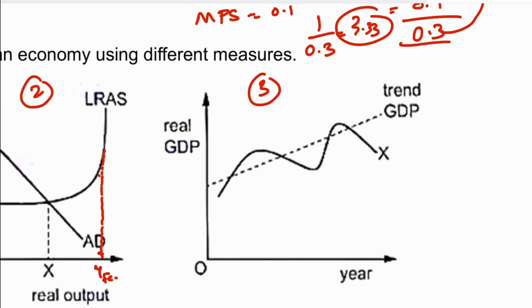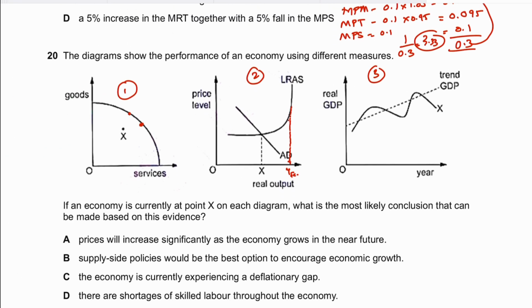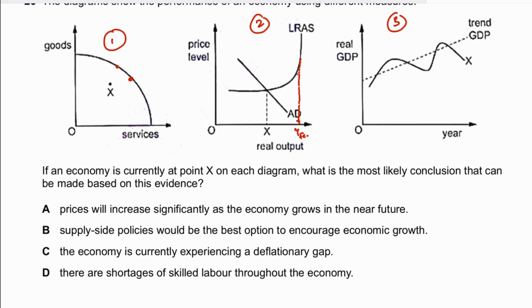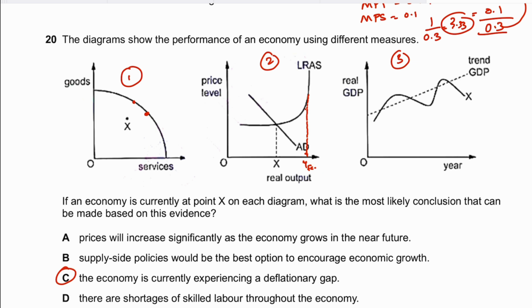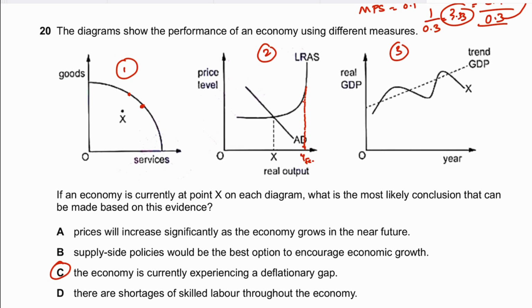Again, this is supporting that we have a deflationary or a negative output gap here. So the correct answer for this question should be option number C, that the economy is currently experiencing a deflationary gap, because this is consistent with what we can see on the above three diagrams, right guys? So C is the correct answer.